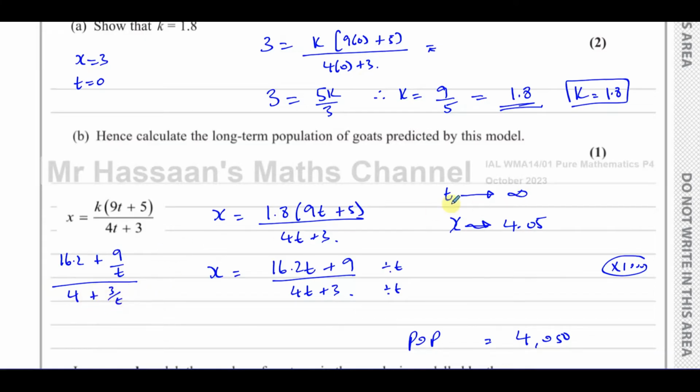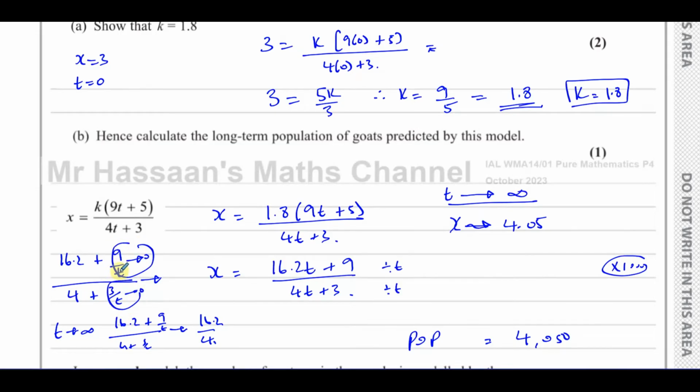So we know that as t approaches infinity, as t gets really large, then this 16.2 plus 9 over t over 4 plus 3 over t is going to approach 16.2 over 4, because as t gets bigger, 9 over t goes towards 0, and 3 over t goes towards 0.